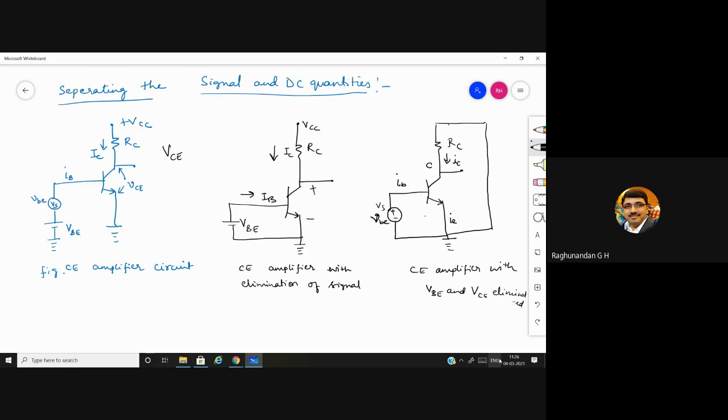DC is necessary because that is the one responsible for keeping the Q point in the particular operating region. So the DC signal is VCC, and it has the responsibility of shifting the Q point. Based upon the Q point only, this transistor is going to work as an amplifier. So the position of the Q point is very, very important, and the DC source is responsible for that.